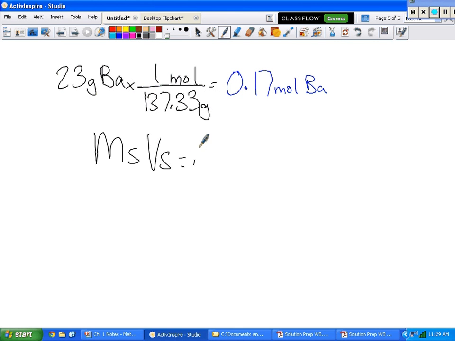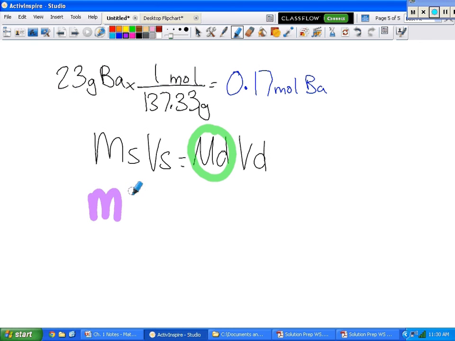Calculate the concentration of the barium ions in the stock solution and where? In the diluted solution. So this question, what are we solving for? The molarity of the dilute. Are you with me? Okay, so we're going to go with MD, which is MSVS over VD.